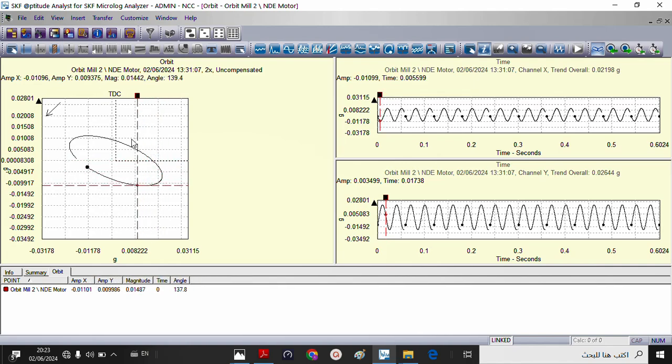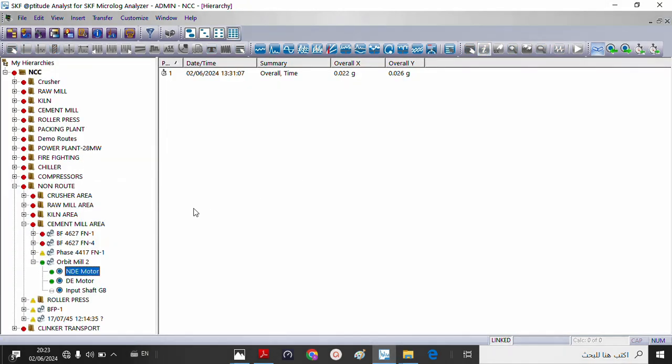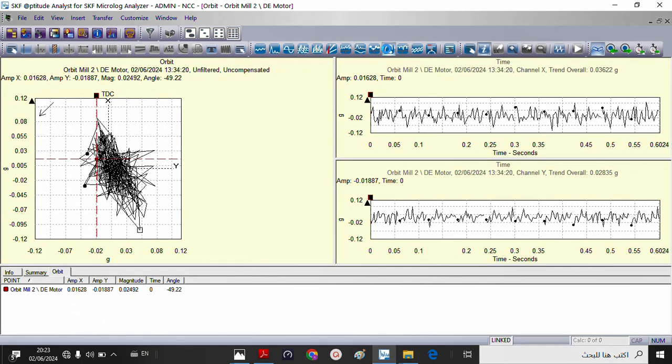Now we will show you how you can take this reading. This is the non-drive end of the motor, and the drive end we will see now. You see this is the raw data.